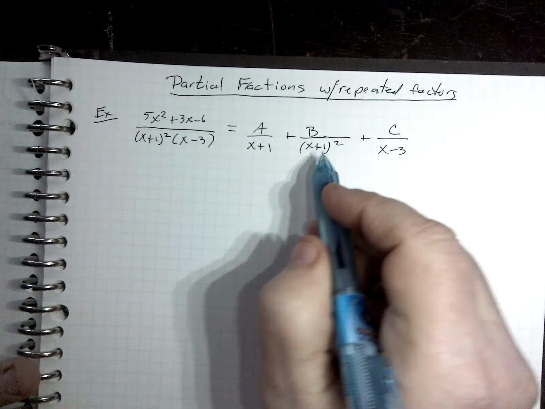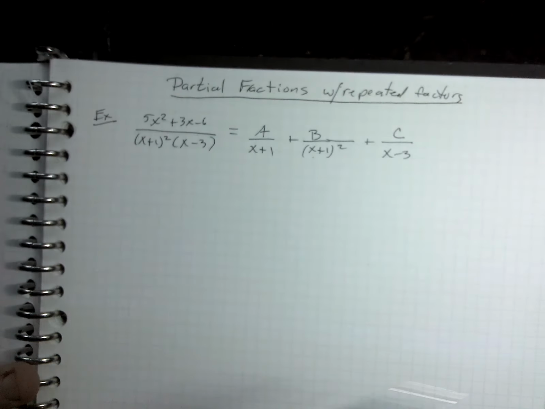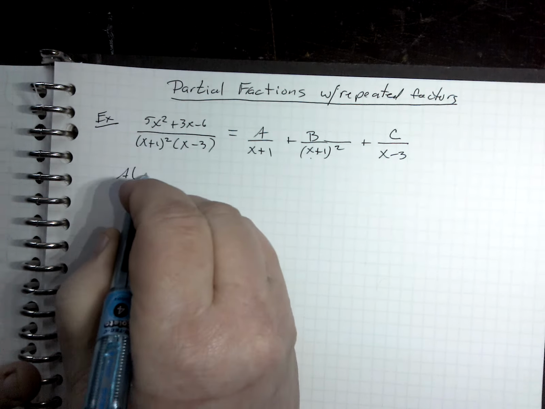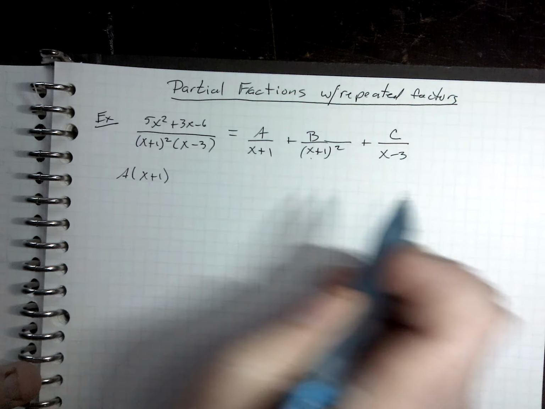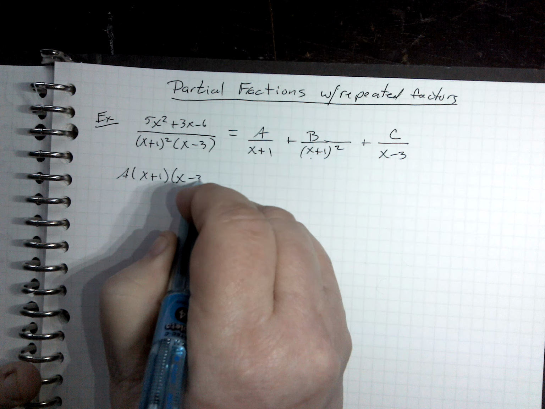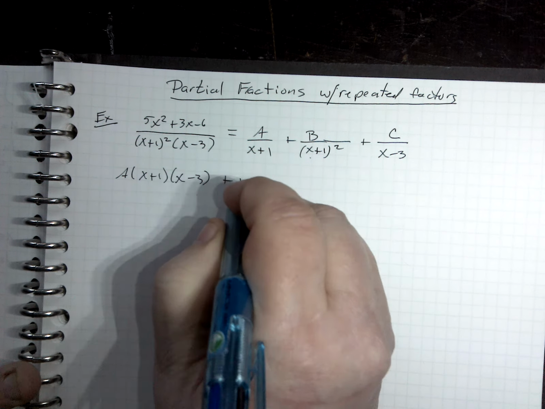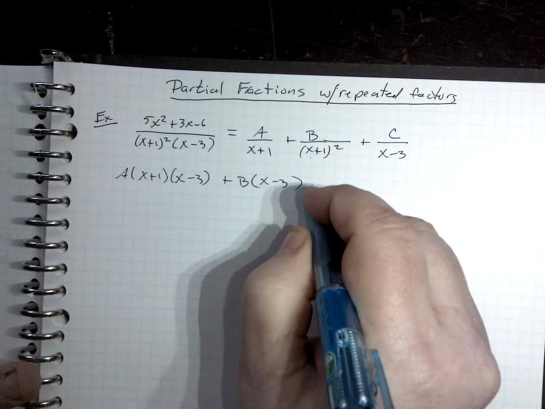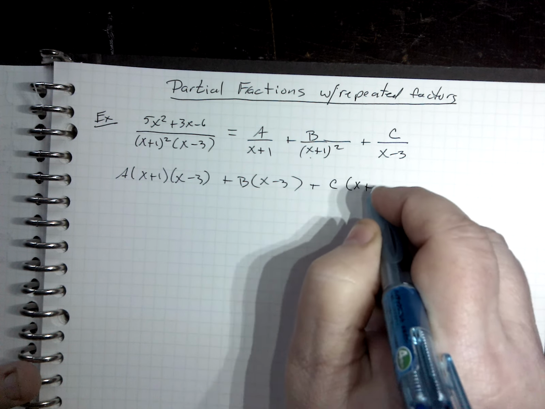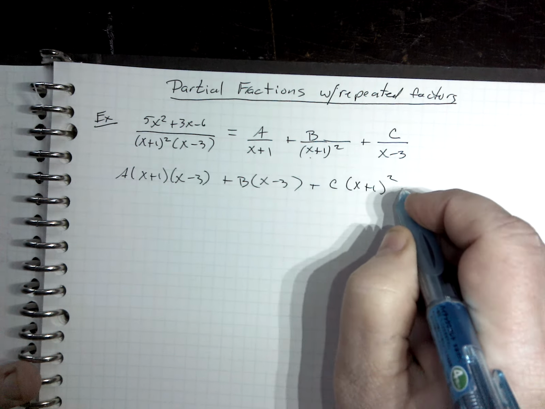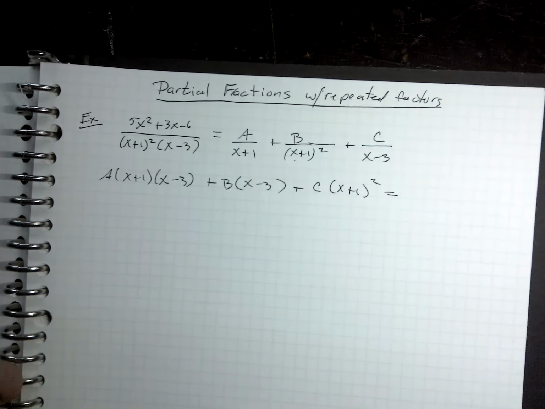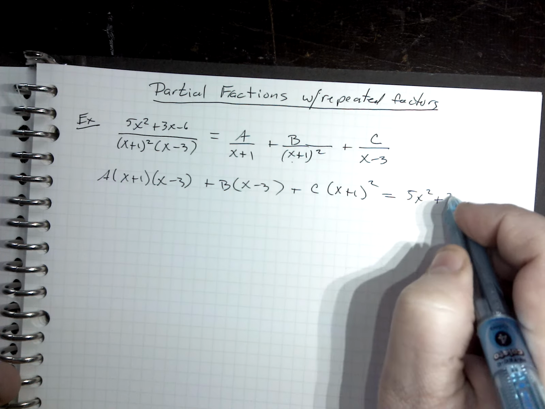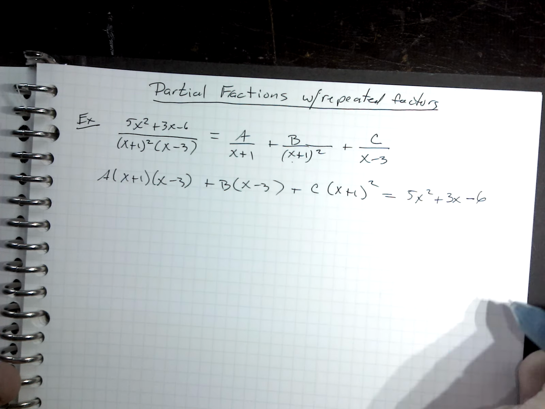So what this means is the numerator, if I bring these all together, I will have A times (x plus 1) times (x minus 3). I will have B times (x minus 3). And I will have C times (x plus 1) squared. And this has to equal the numerator on the other side, which is 5x squared plus 3x minus 6.